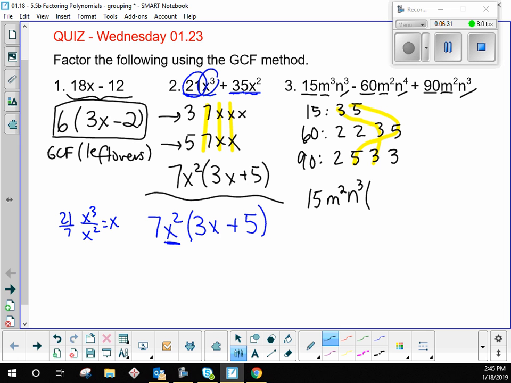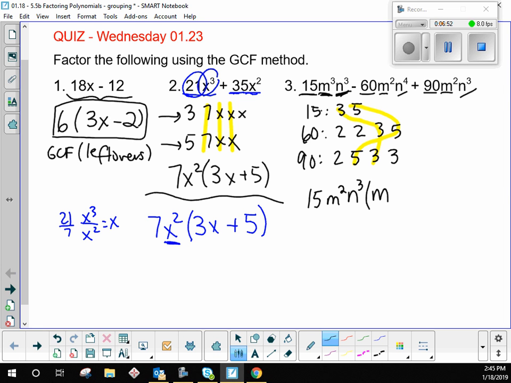So thinking about division, I took 15 divided by 15 is 1, so I don't have to write that down. M cubed, dividing out 2 m's, how many m's do I have left? 1. N cubed divided by n cubed, they're all gone, so I have no n's left.